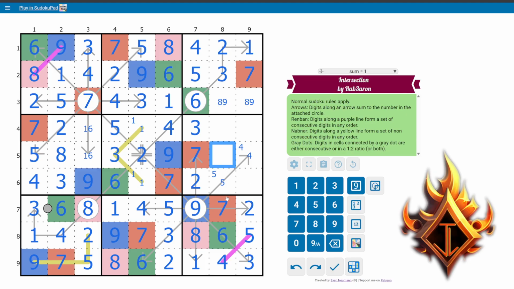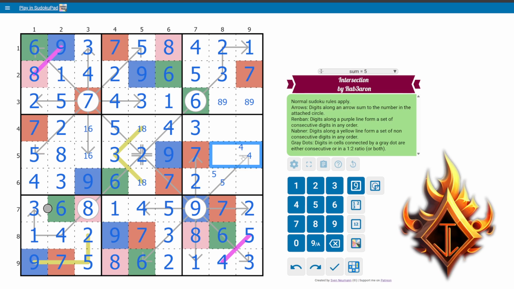Okay, so we're just doing Sudoku. This is a 1, 8 as well. Okay.